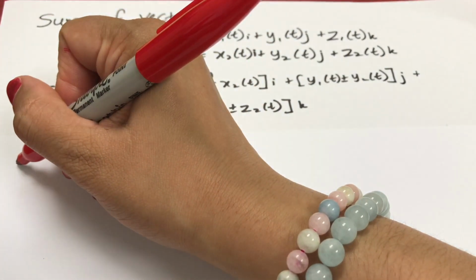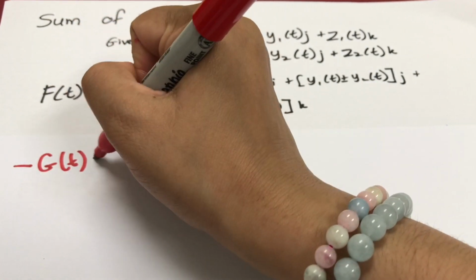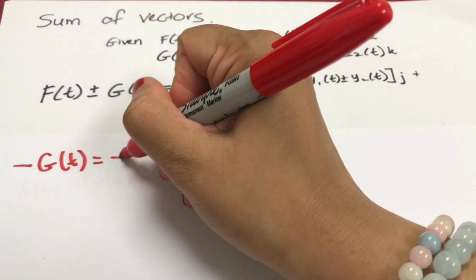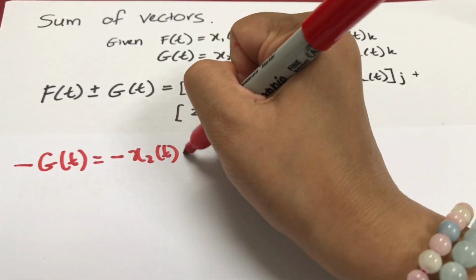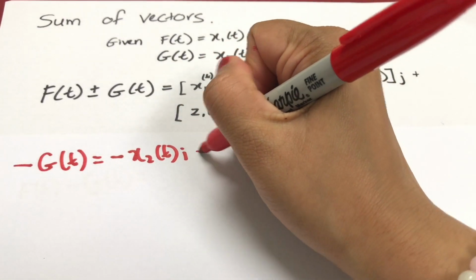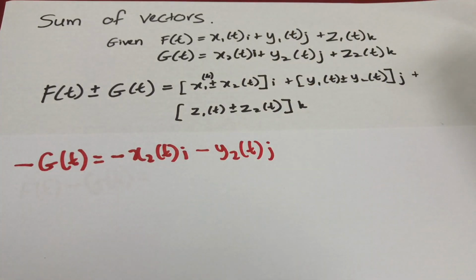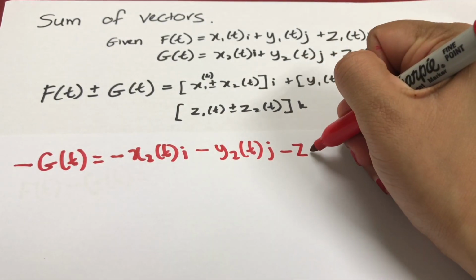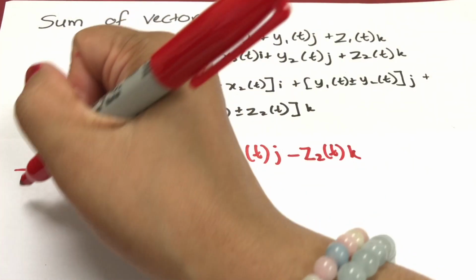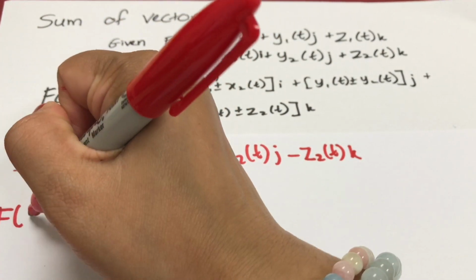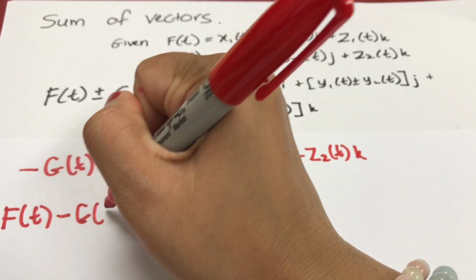One way is to find negative g of t first, which is simply negative x2 t i minus y2 t j minus z2 t k, and then we would add up f of t with negative g of t.